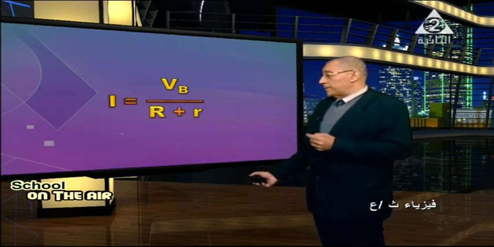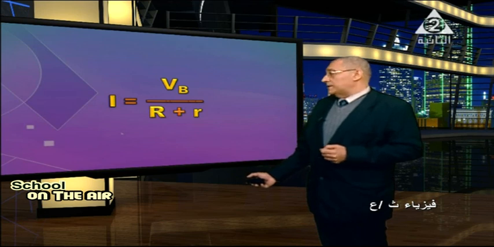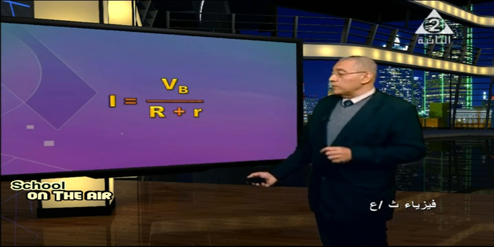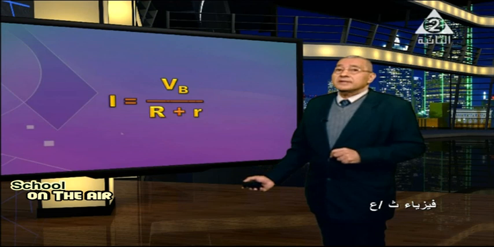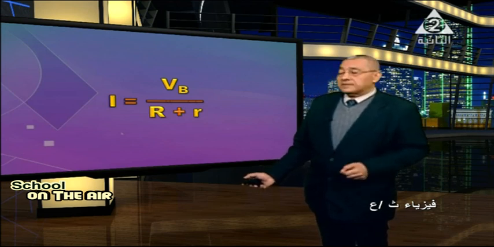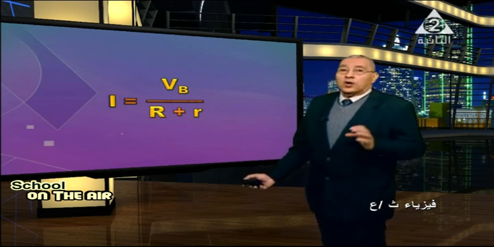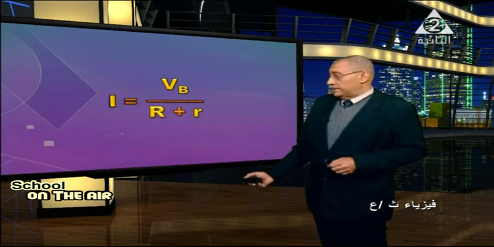The current passing through the battery equals the EMF of the battery over the total resistance, internal resistance and external resistance. We call this Ohm's law of closed circuit.